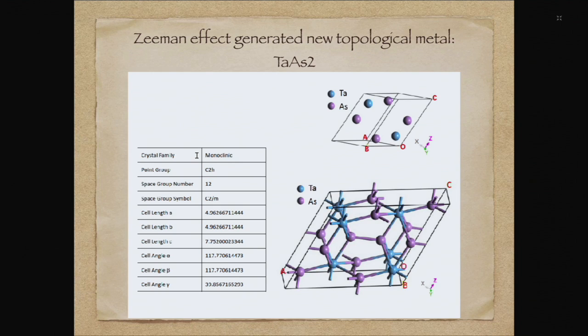So this is a material we found, titanium arsenide 2. We know that titanium arsenide 1 is a very good Weyl semimetal. This one was made by mistake, because I asked my colleague in IOP to please grow titanium arsenide, and they grew some samples and found out it's not 1-to-1, it's 1-to-2.